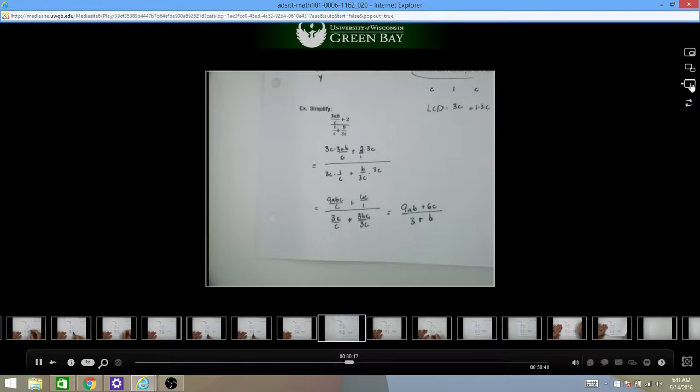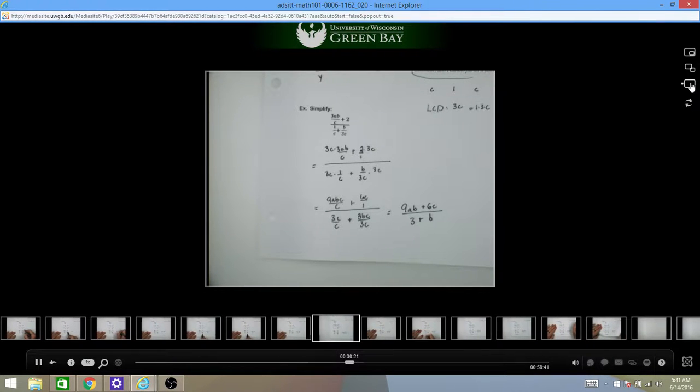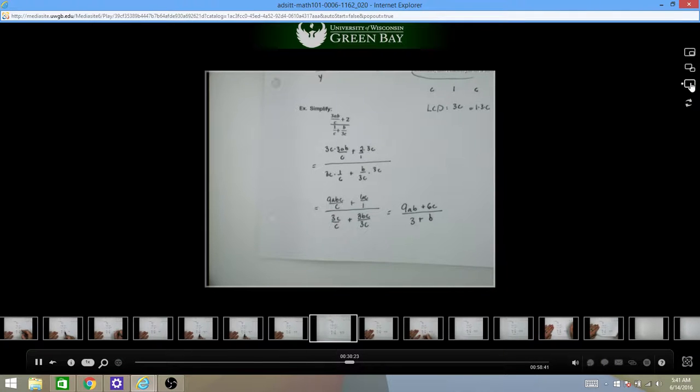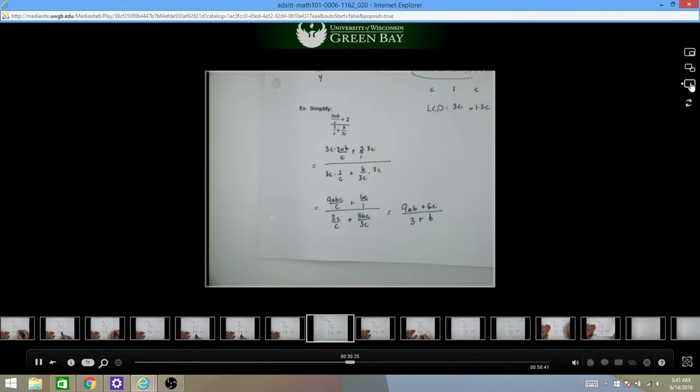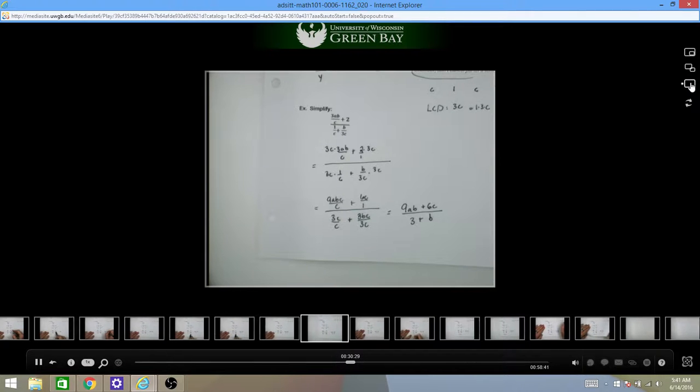So the first method is to multiply every single term, even the ones that aren't fractions, by the least common denominator. And when you do that, you pick your least common denominator because now your denominators divide away.